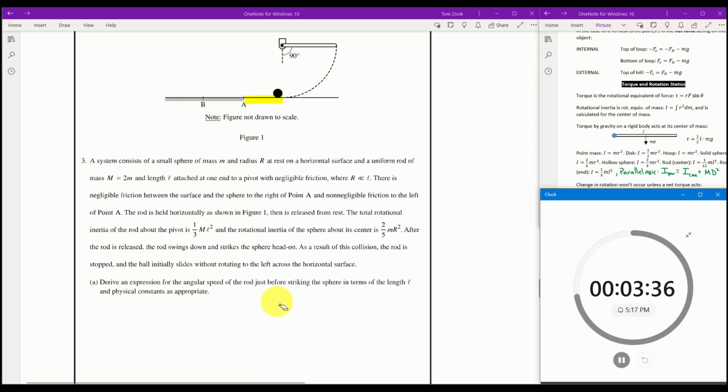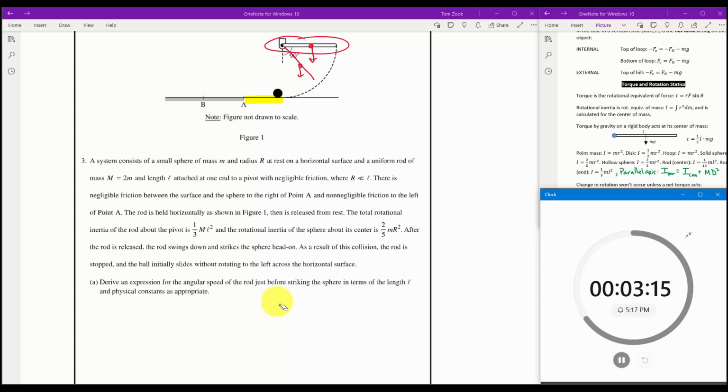Okay, so this is kind of a tricky one. If I've got the rod here and it's going to swing down, it's going to receive a torque, and that torque is going to be acting at its center of mass. It's going to have a clockwise torque. The weight force is there, but the issue is once it starts rotating down, that torque is going to change angles.